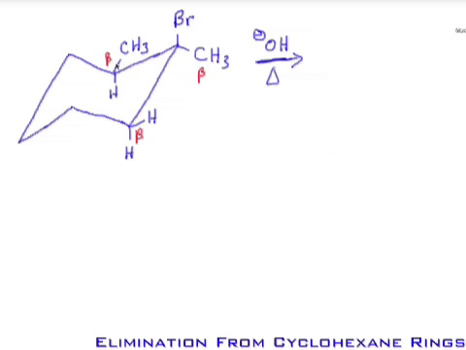If the anti H on the beta carbon with the CH3 leaves with the Br, I'll get the double bond forming here. My CH3 here. My other CH3 there.